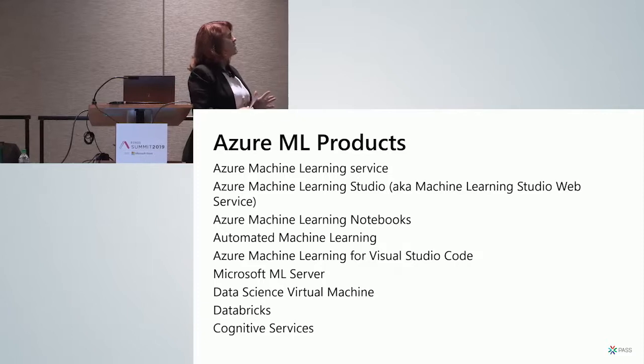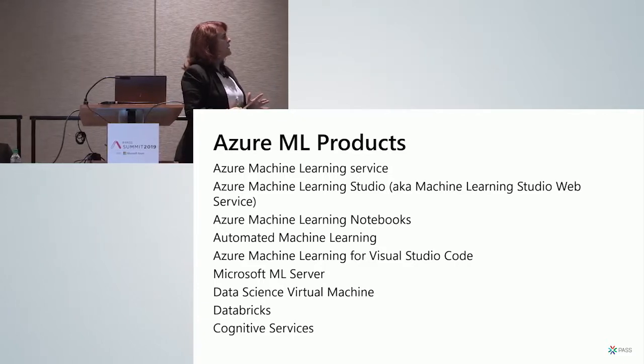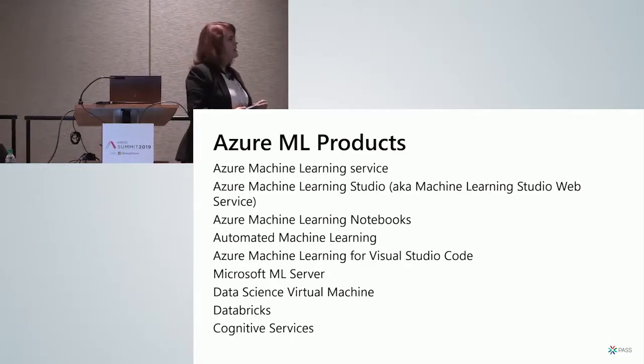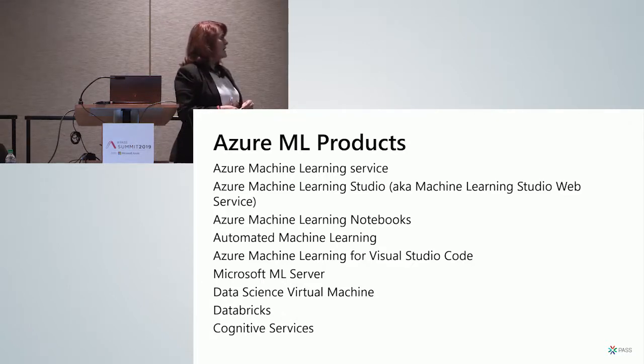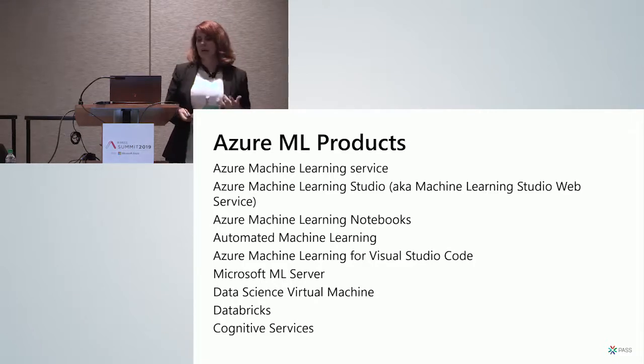Azure Machine Learning Studio, the product that has been around the longest. Then there's Azure Machine Learning Notebooks, automated machine learning for Visual Studio Code, Microsoft ML Server, Data Science Virtual Machine, Databricks, and Cognitive Services. So all of this, Microsoft might, at some point in time, call Azure ML.